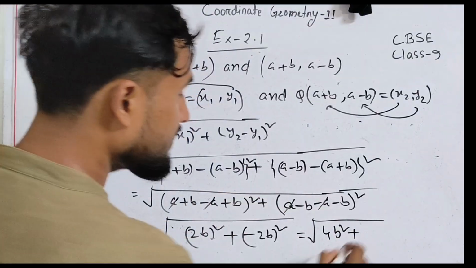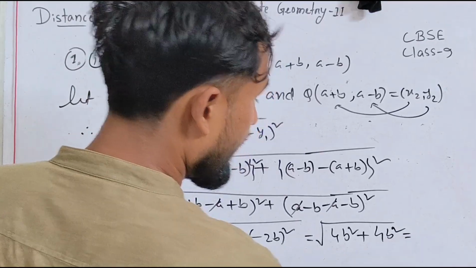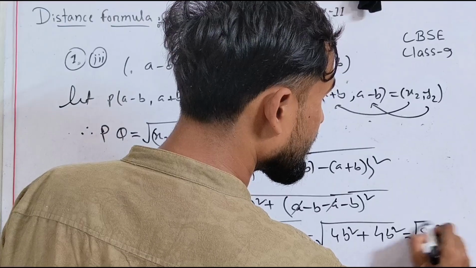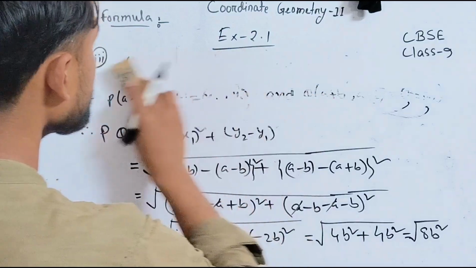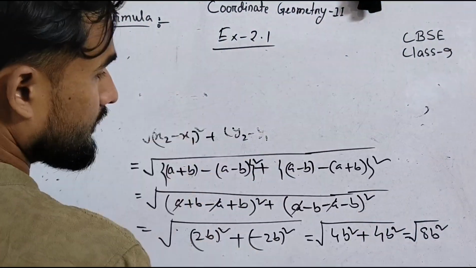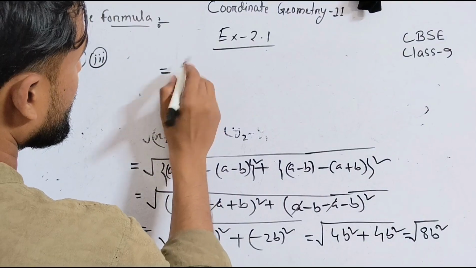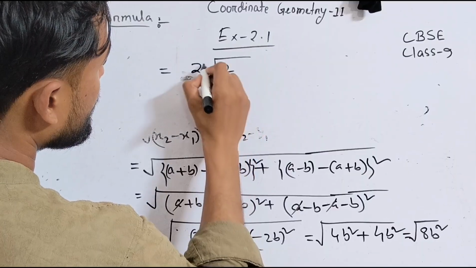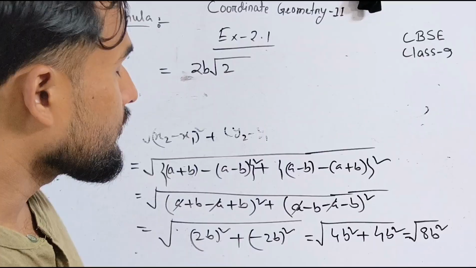Minus square will be positive, and 4b square. And 4b square plus 4b square will be 8b square. And the answer will be 2b root 2.